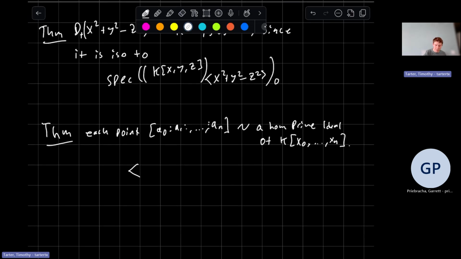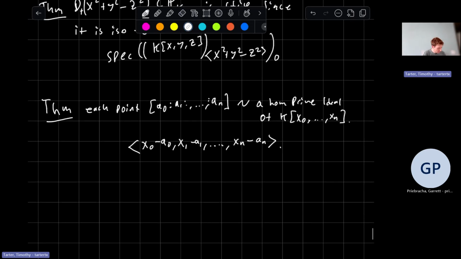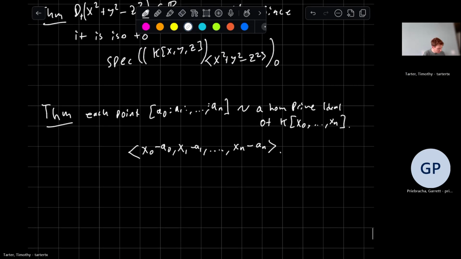And of course, that point is X naught minus A naught, X1 minus A1, Xn minus An. And then homogenized by something, right? So we're picking f to the k over f to the k over f to the k.